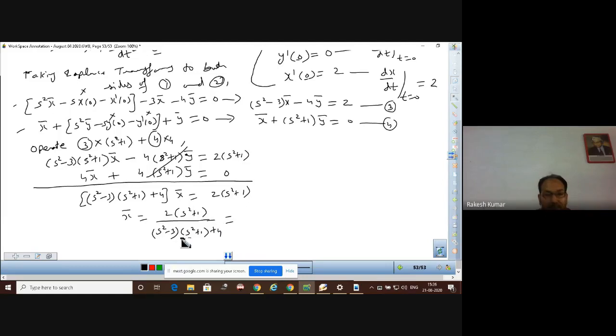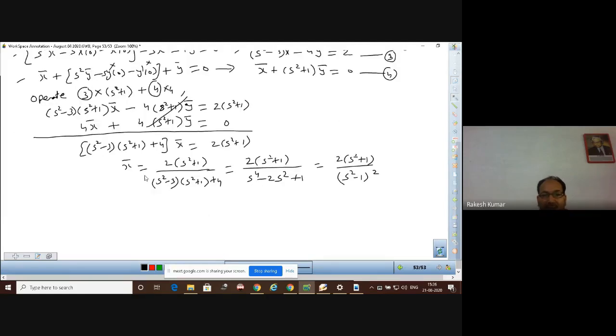Now, you can simplify the denominator. Expanding (s² - 3)(s² + 1) plus 4 gives s⁴ minus 2s² plus 1. So ultimately 2(s² + 1) over (s² - 1) whole square. This is the way you have got the value of x̄.